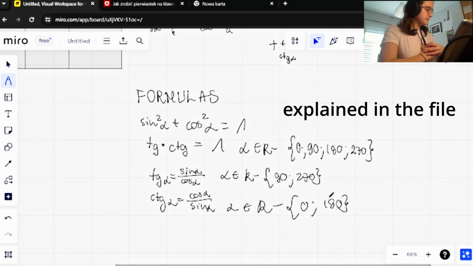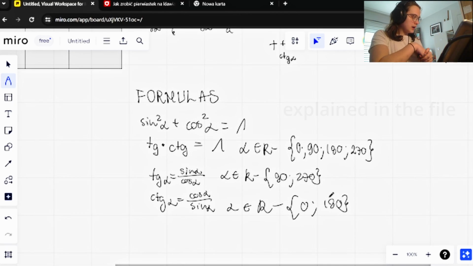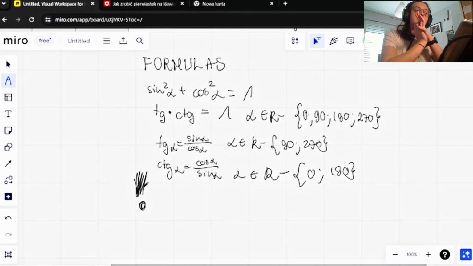Okay. Now, something that is important. We might have a function at a minus angle, and it happens. It's not exactly normal, but it happens.